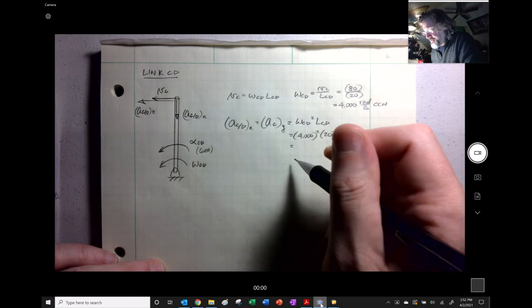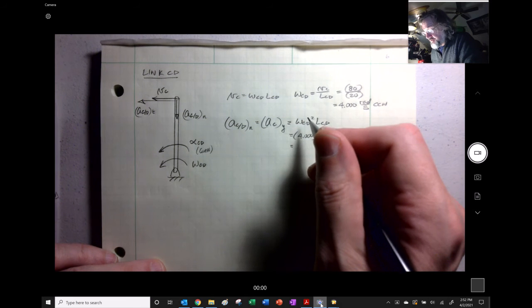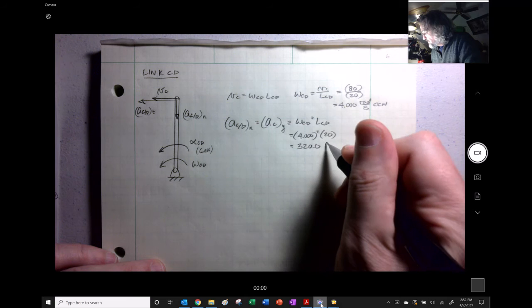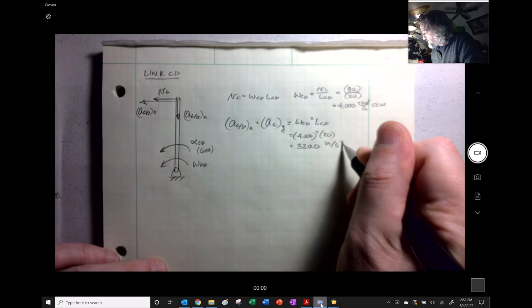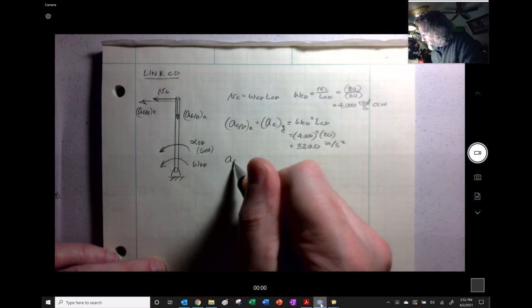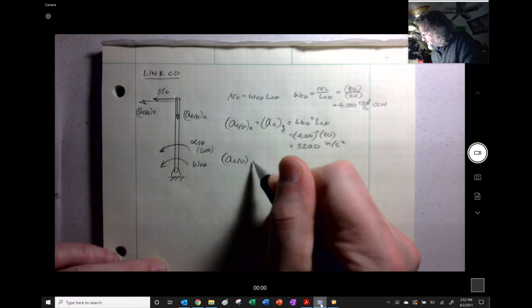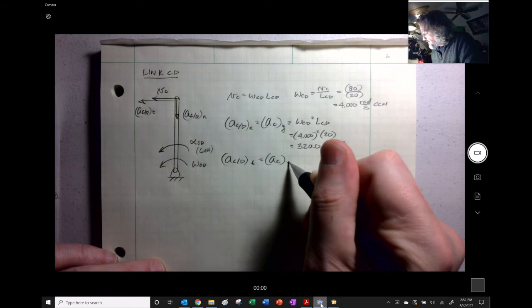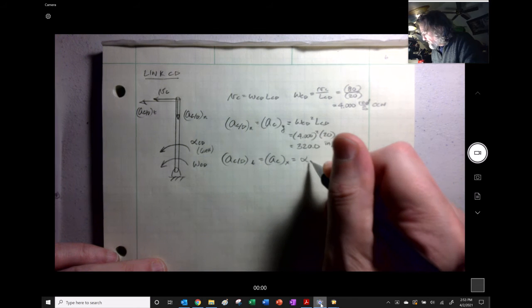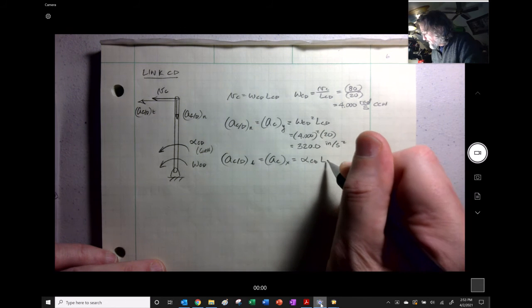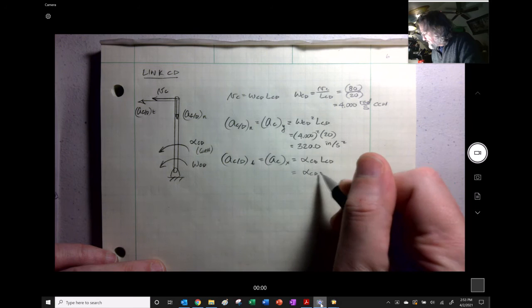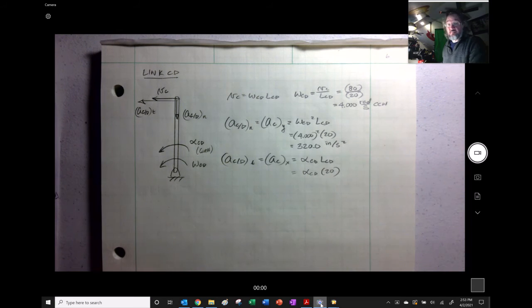So that equals 320 inches per second squared. We also have the tangential one, which we happen to know is also the x direction, and that's alpha CD times LCD, or alpha CD times 20, to be determined.